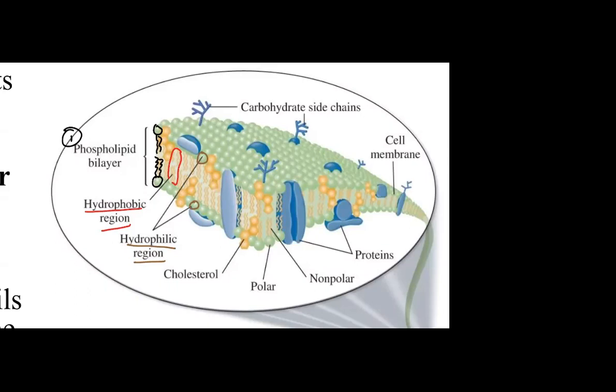Notice that we also have carbohydrates. So understand that the cell membrane has a variety of components in it, and they're all important, and they all play a role into how we are going to mediate things that are happening at the cell membrane.